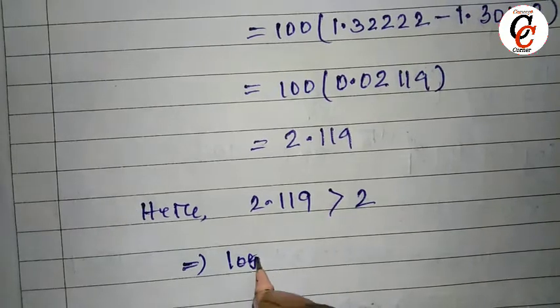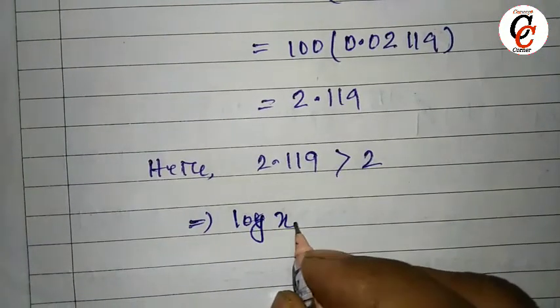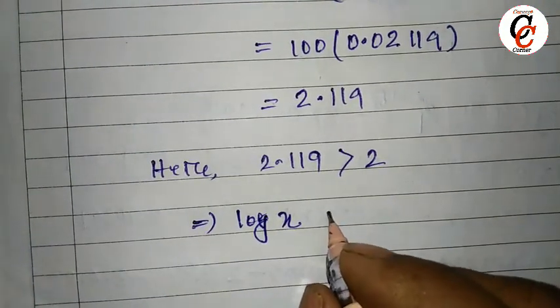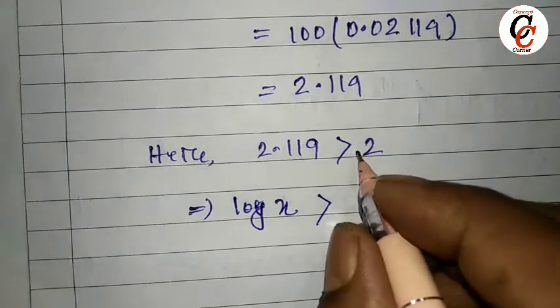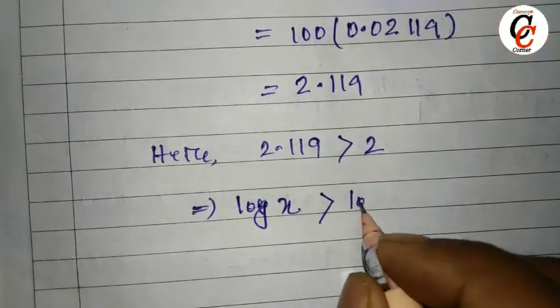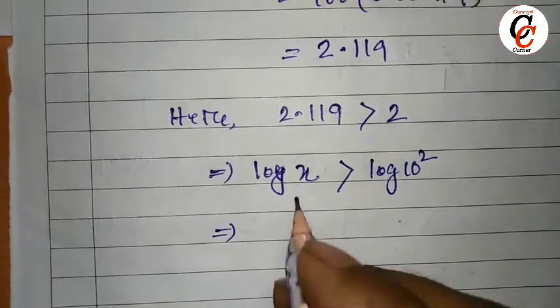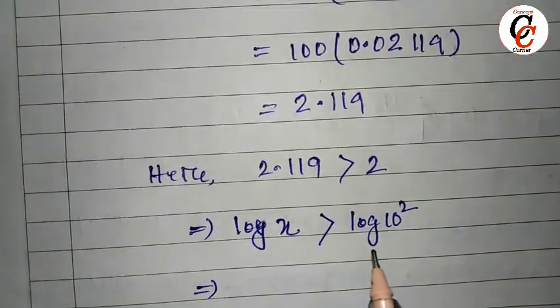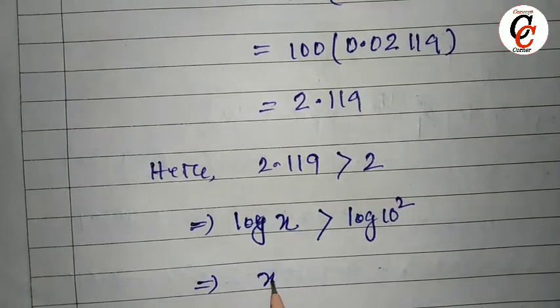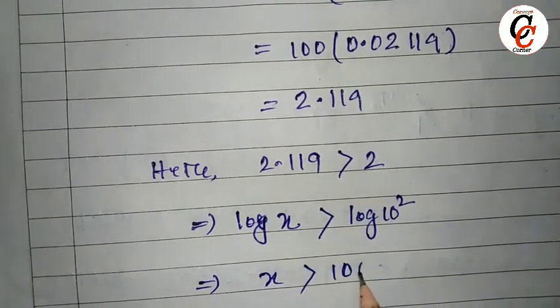Now see, 2.119 means log of x, and 2 can be written as log of 10 square, that means 100. So log of x is greater than log of 100. Log cancels, x is greater than 100.